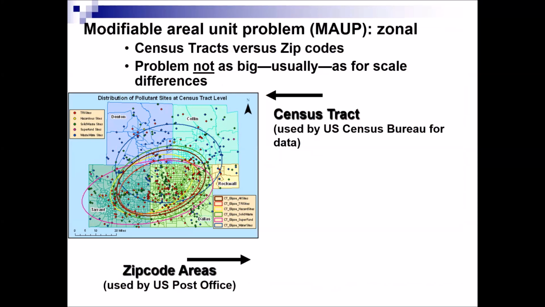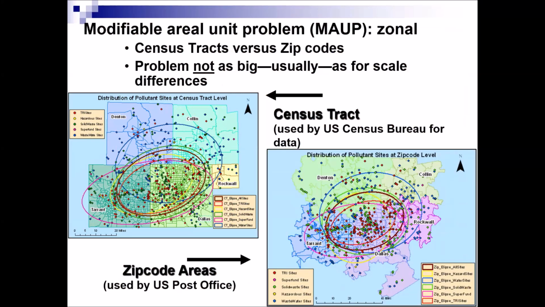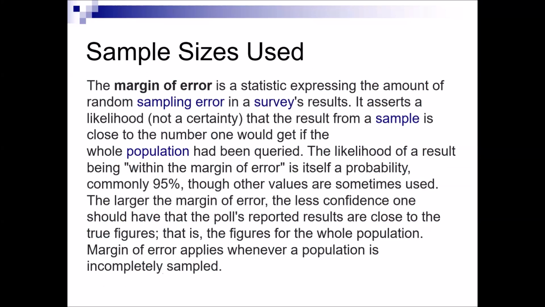But when we look at things like census tracts versus zip codes, we can look at things like our standard deviation ellipses, which might change. And this kind of goes back to week 4, 5, 6. And so these things might look extremely different depending upon where you collect those data from. Other thing we deal with, sample size.